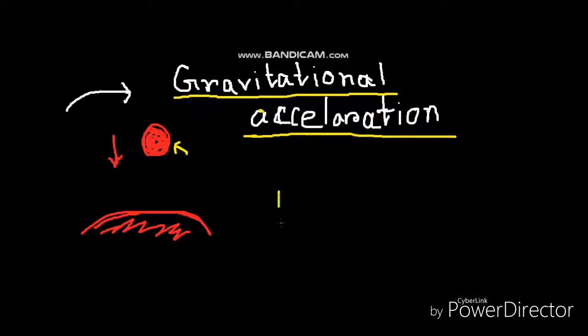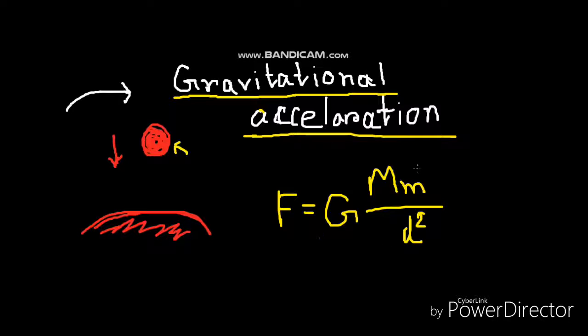So we know that if I am talking about F for gravity, not for gravitation, F means G times m by d square, and this is the equation for gravity, right?